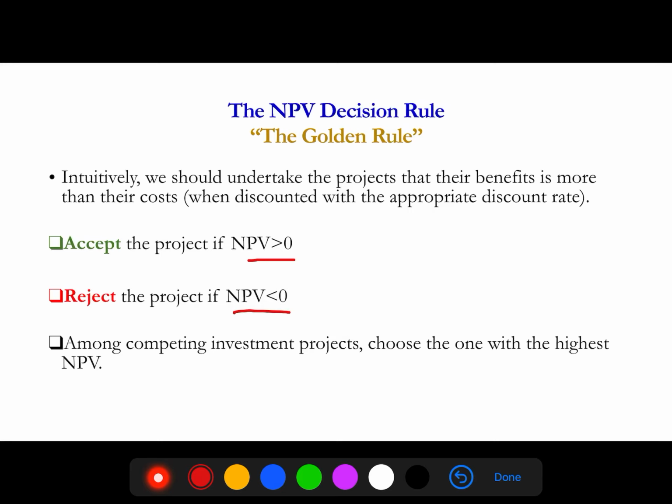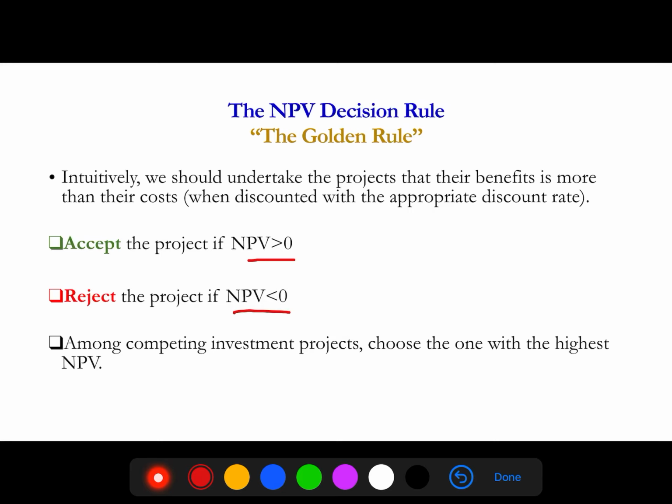So let's say now we have several competing projects. If we want to choose among several different competing projects, we will choose the one with the highest NPV, given that all of those projects have positive NPV.